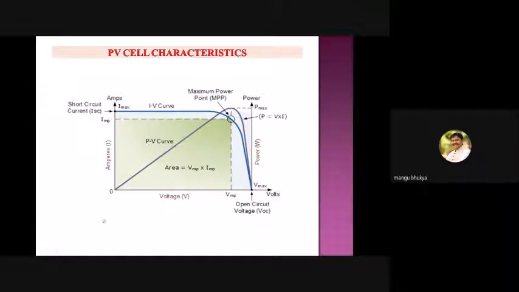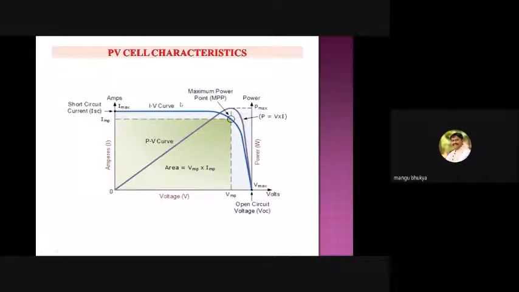Now if you see the characteristics, the slope is the incremental conductance. That is the name of the algorithm, but the concept is mathematical: before MPP the slope of the curve is positive, and after the MPP point the slope is negative. If the slope is negative, in order to reach the peak power he will decrease the voltage.